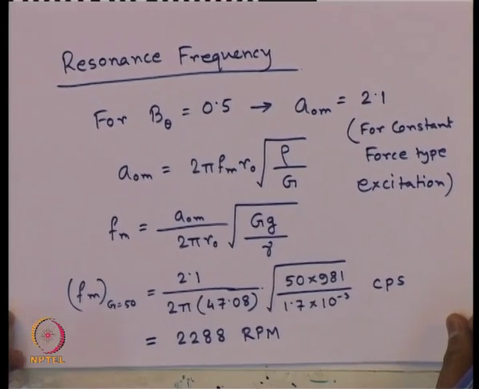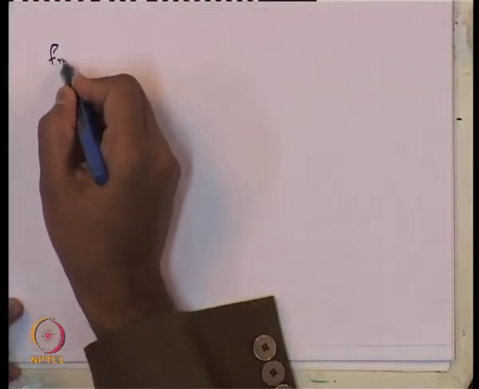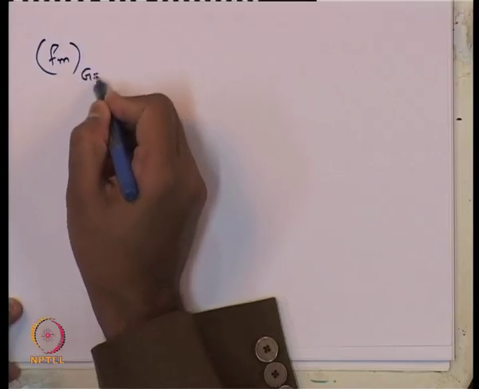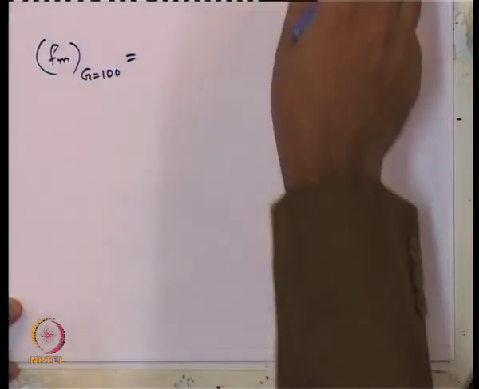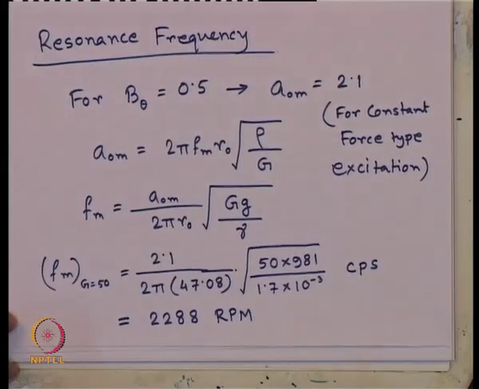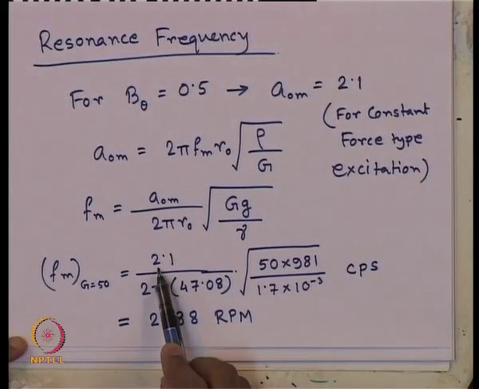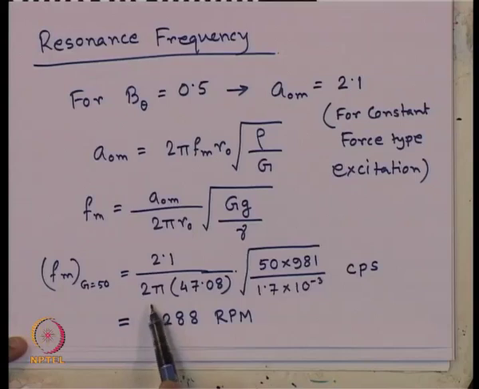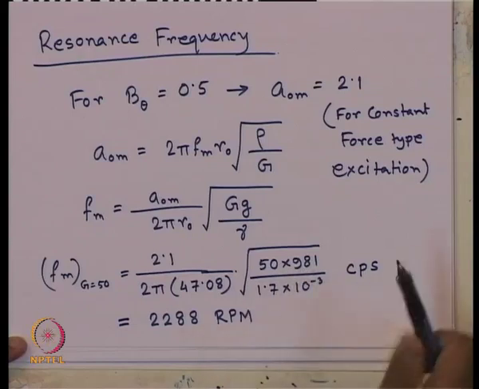Similarly, for the next type of soil, f m with G equals to 100. What are the changes? Let us look at this expression. A naught m remains same 2.1, 2 pi also remains same. Here it changed to 100, this remains same, it becomes 1.8 gamma.